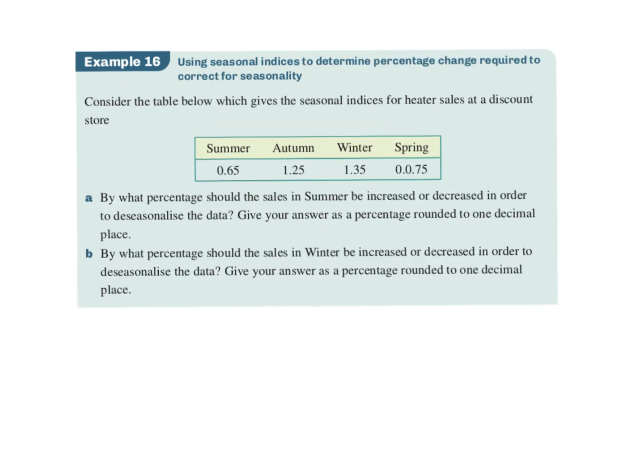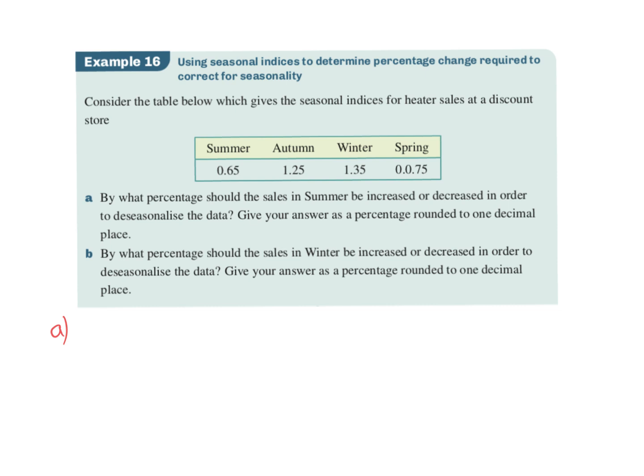Okay, so going on. Consider the table which gives the seasonal indices for heater sales at a discount store. What percentage should the sales in summer be increased or decreased in order to deseasonalize the value? These are the type of questions that get a little bit trickier, and they're testing your actual understanding of what's going on.